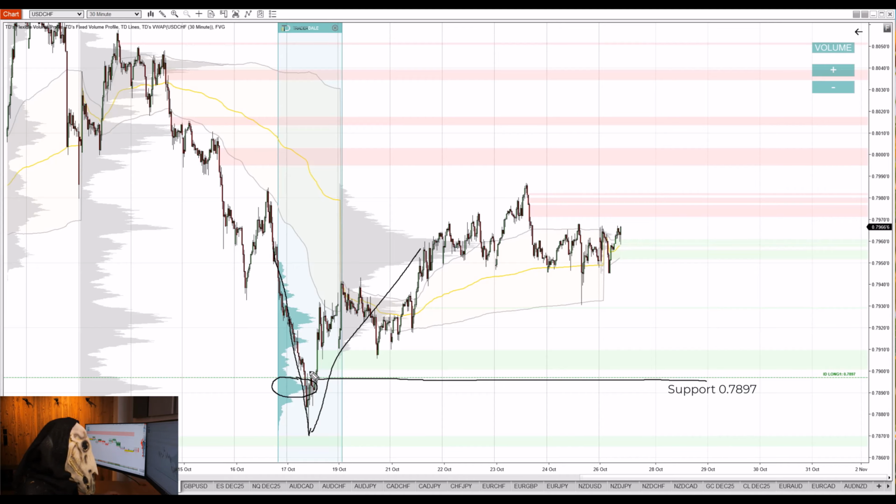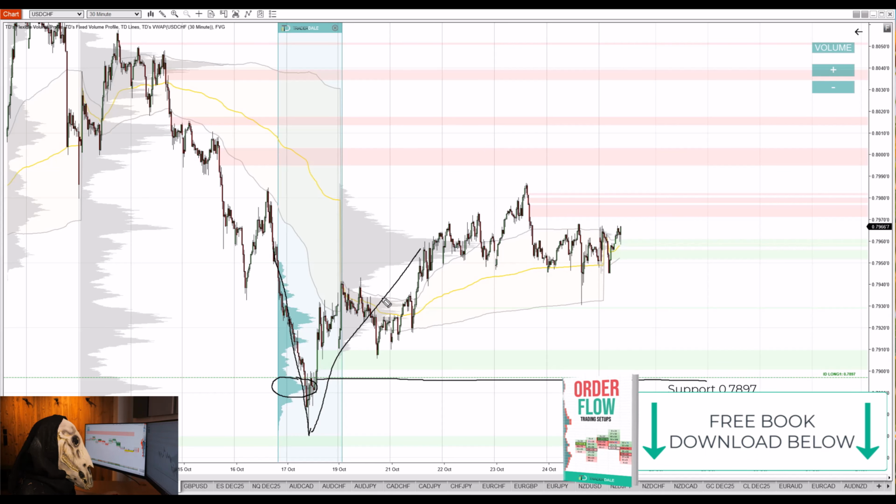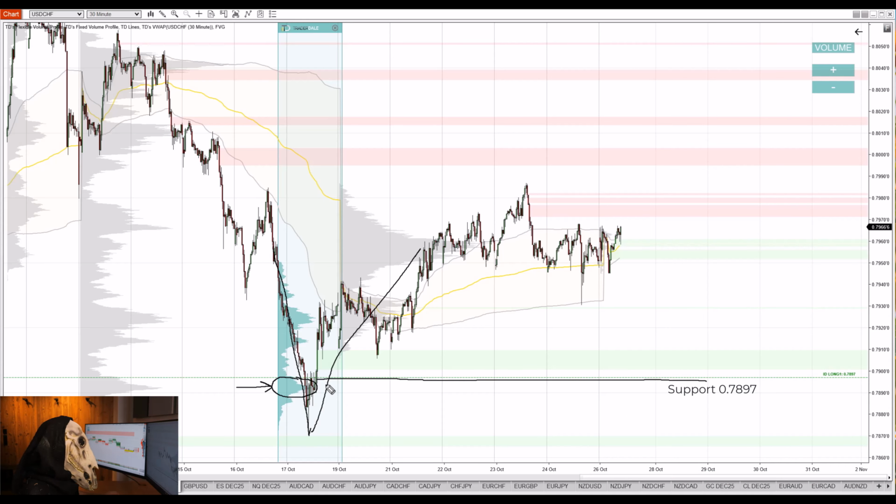And this volume cluster is telling you that this is a place where buyers started to jump in and the price reversed from here, right? Because of those buyers, they reversed the price. So this is the most important place within that rejection, right? So that's why I have the level here at the beginning of that heavy volume zone.